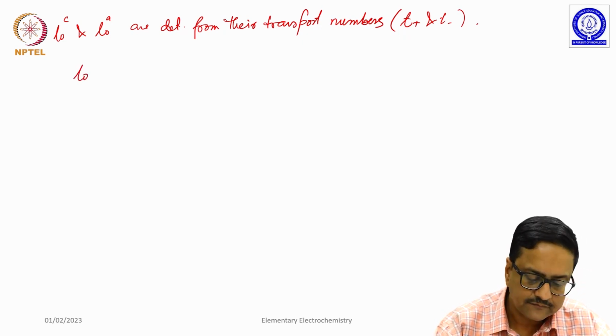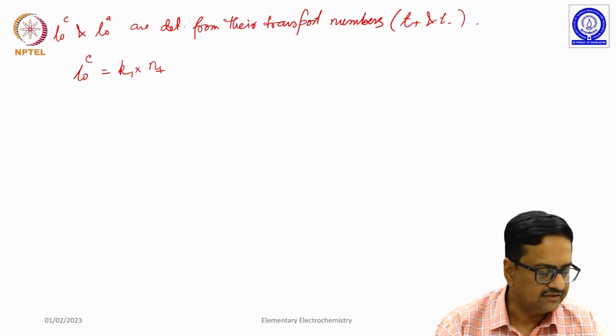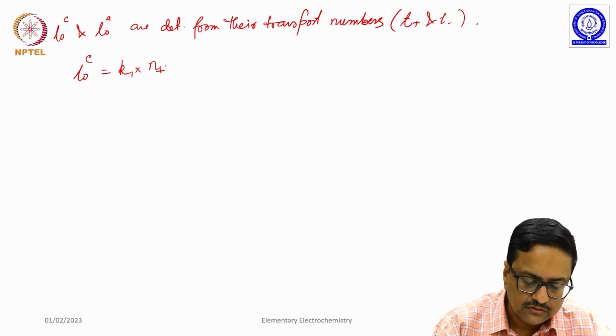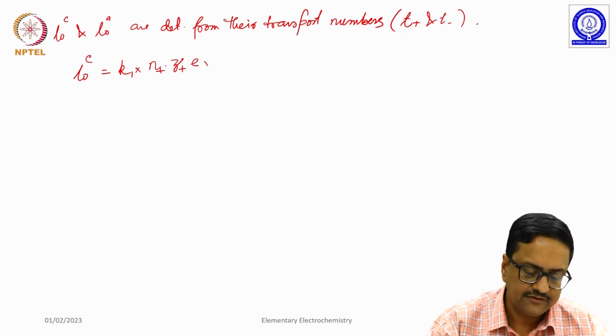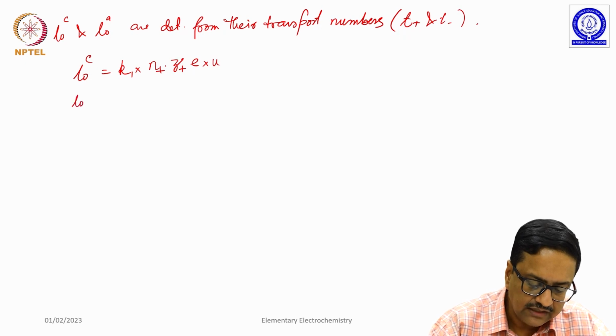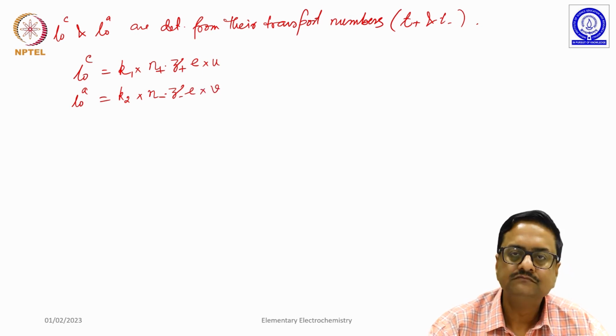It is nothing but some constant K1 into the number of cations, that is N plus, into the charge of the cation, that is Z plus, E into U, the speed of cation. Similarly, L0 anion is another constant K2 into N minus, Z minus, E into V.